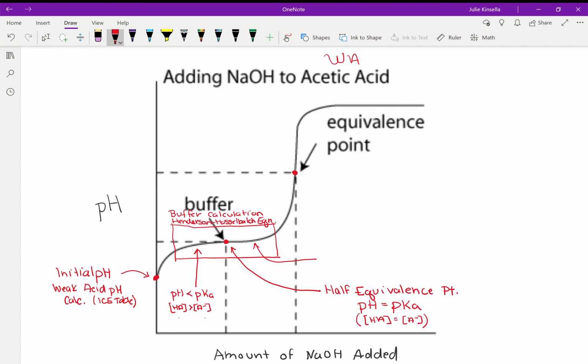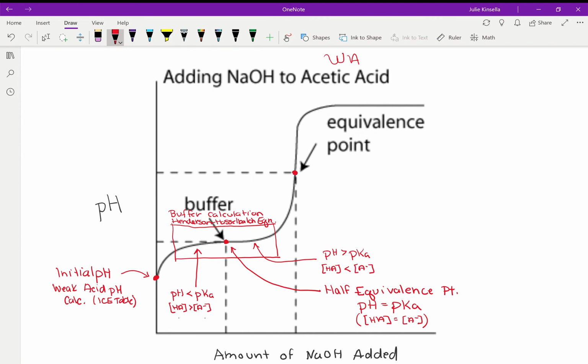When you get past the halfway point where the weak acid and its conjugate base are equal to each other, at that point, our pH is now greater than our pKa, which then means that our weak acid concentration is less than the conjugate base.